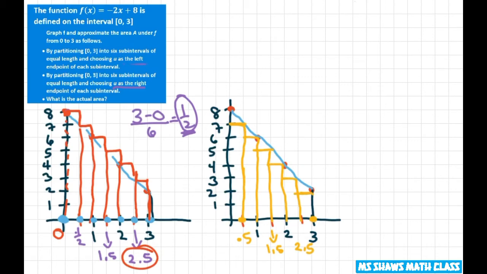So for the left one, we subdivided the intervals by 1/2.